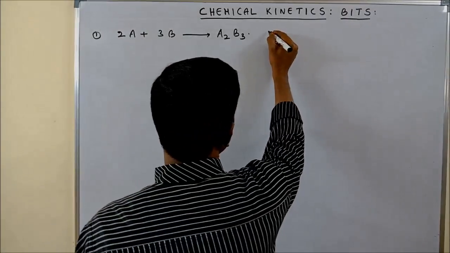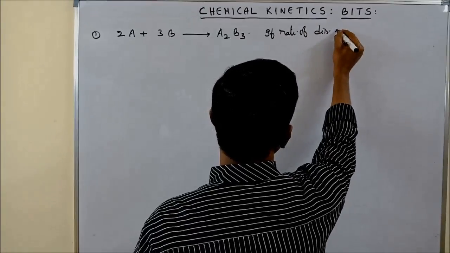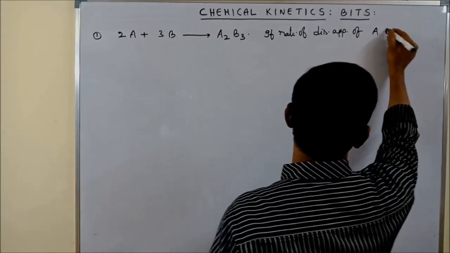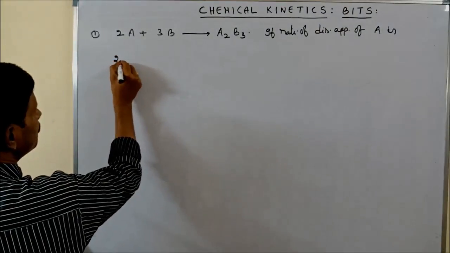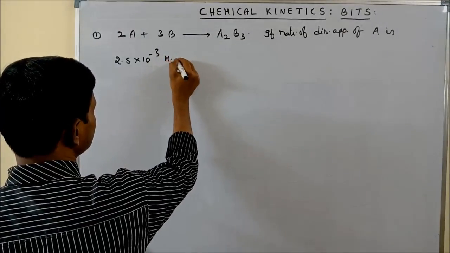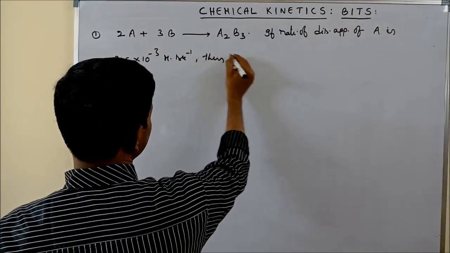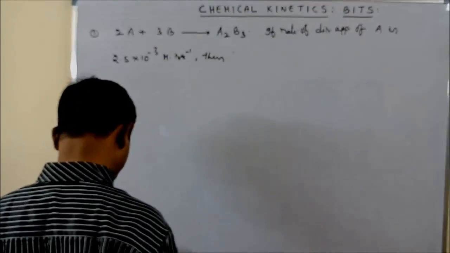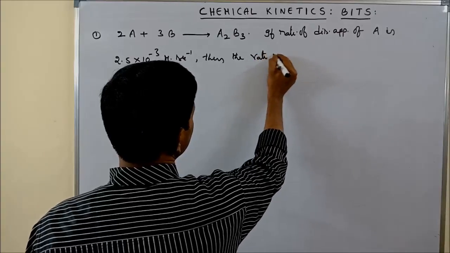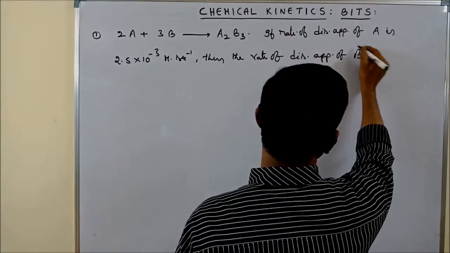Now, if the rate of disappearance of A is nearly 2.5 into 10 power minus 3 mole per second, then what is the rate of disappearance of B?